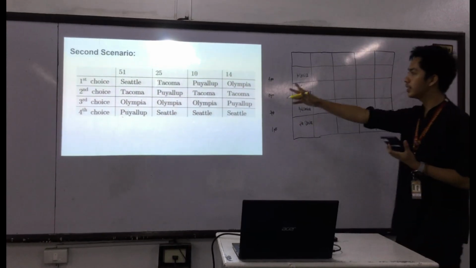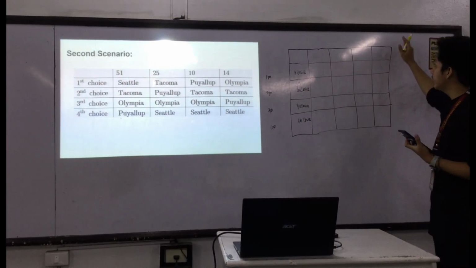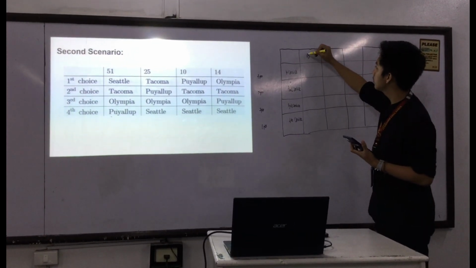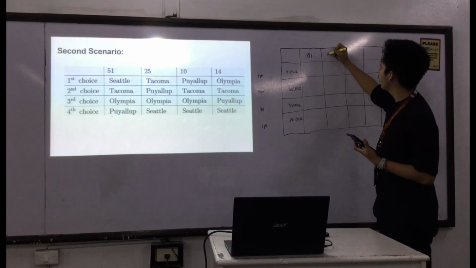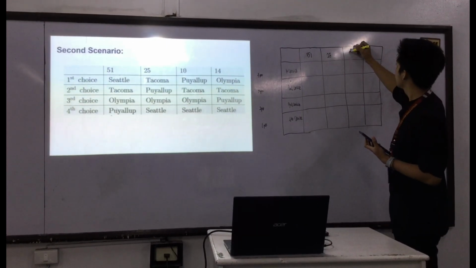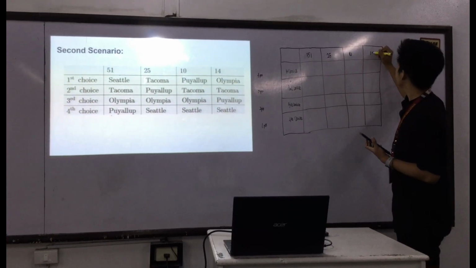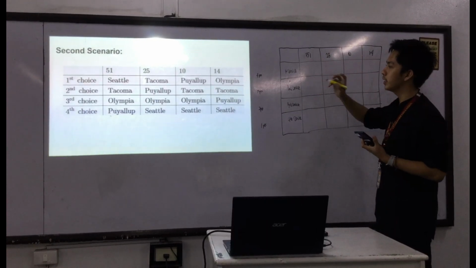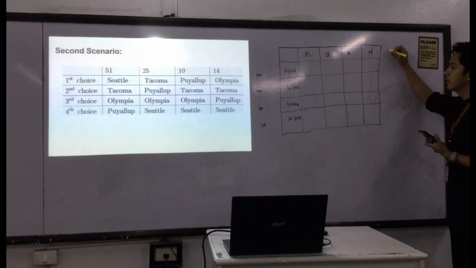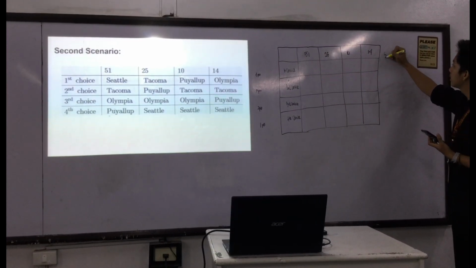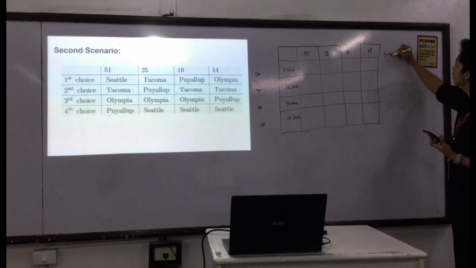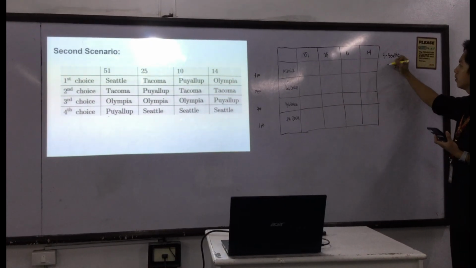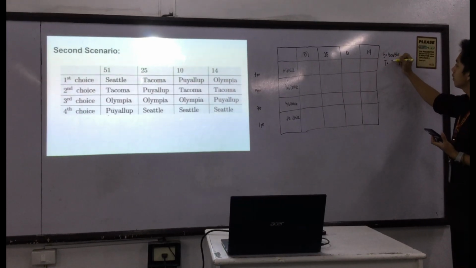So let's now place these votes to this table. Here we have 51, 25, 10, 40. And the first choice is settle, let S for settle. This is the second step. T for Tacoma.